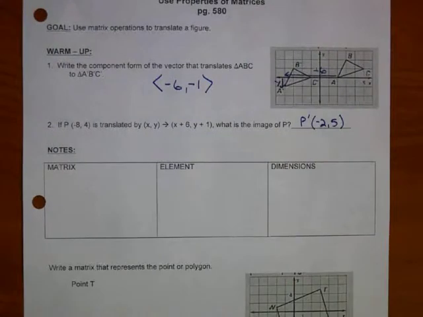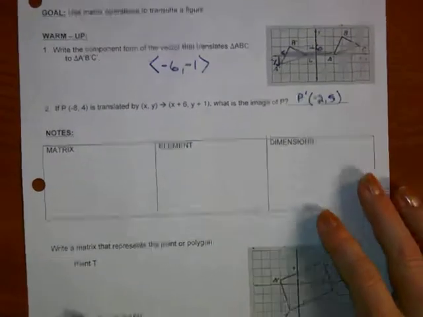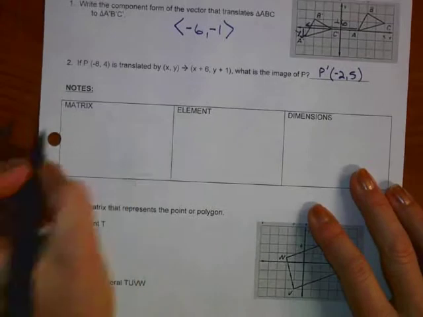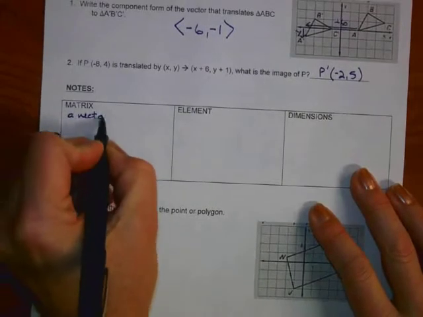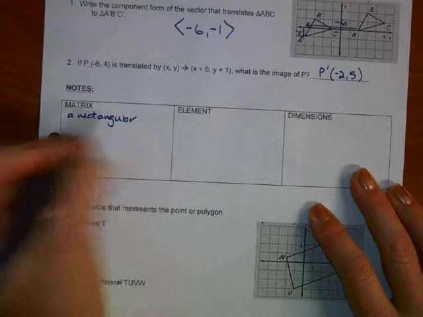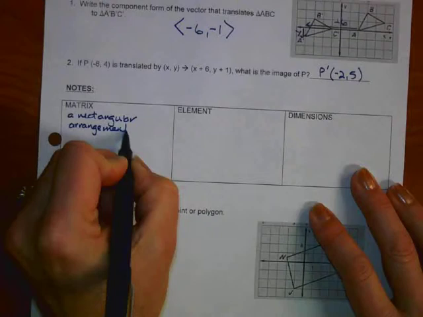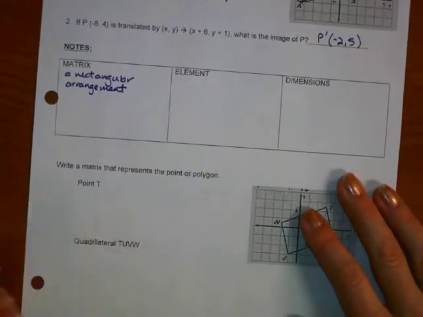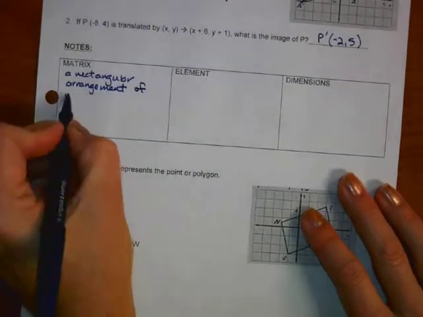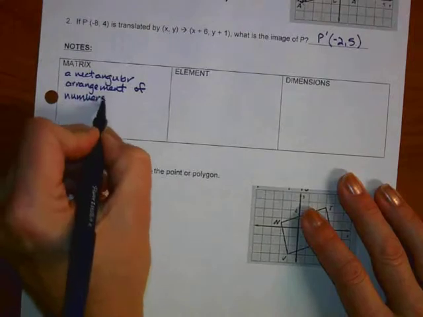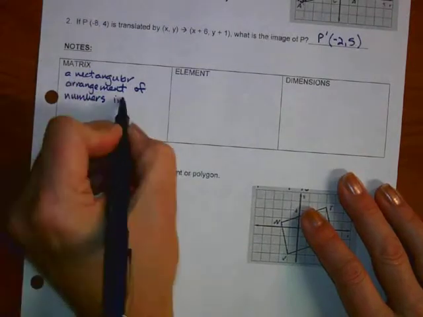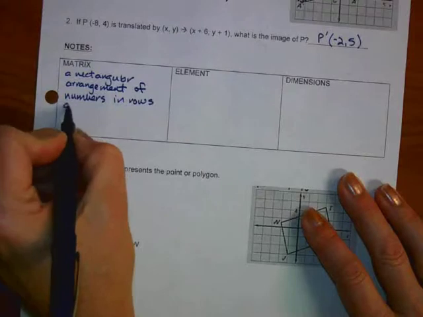Okay. All right. We're going to do matrices today. Has anybody ever seen a matrix before? Not the movie. Okay. I'll define what it is real quick. A matrix is a rectangular arrangement of numbers in rows and columns.